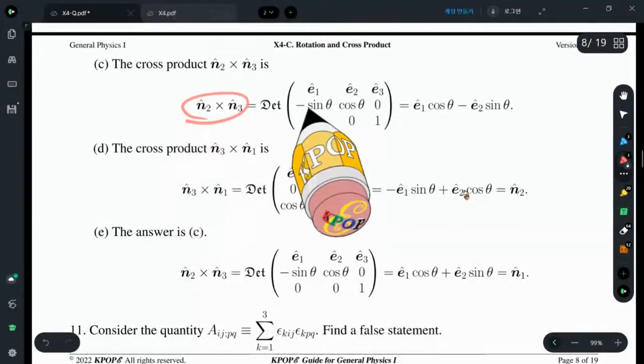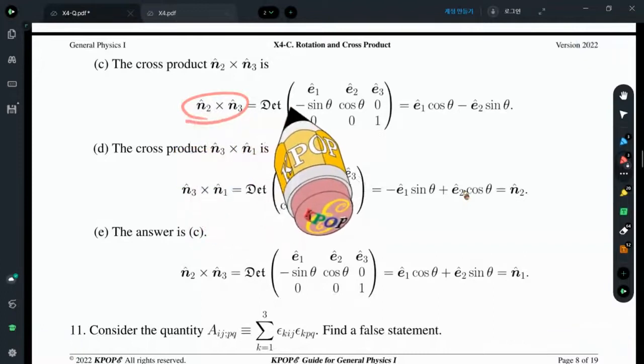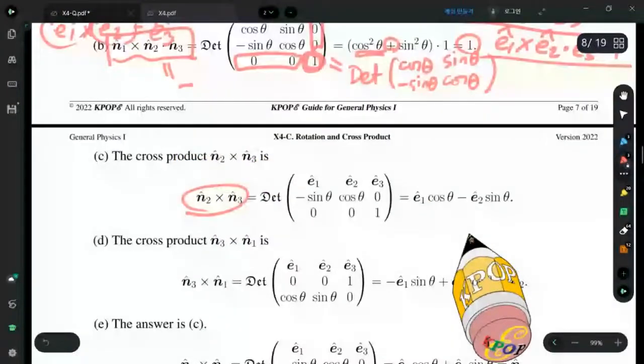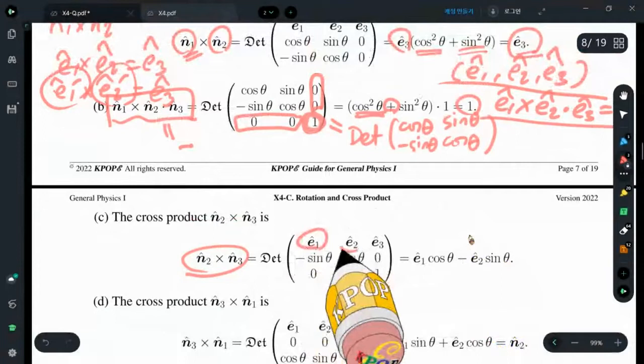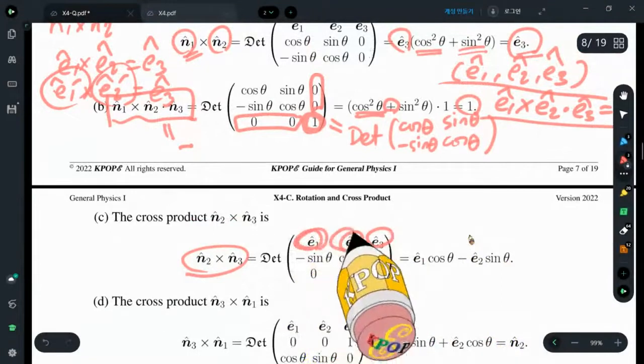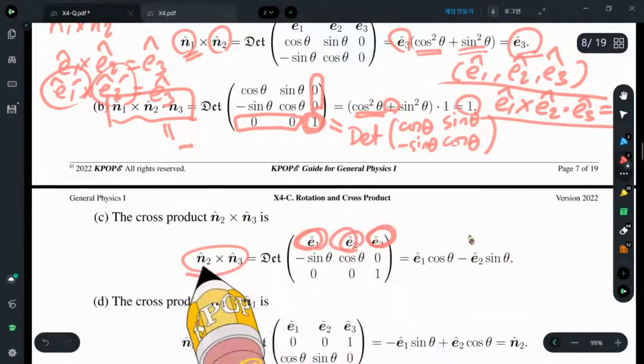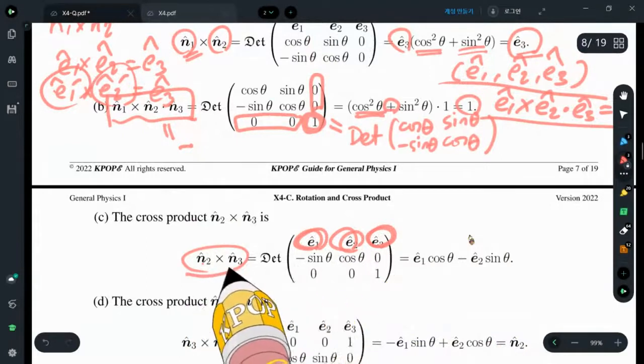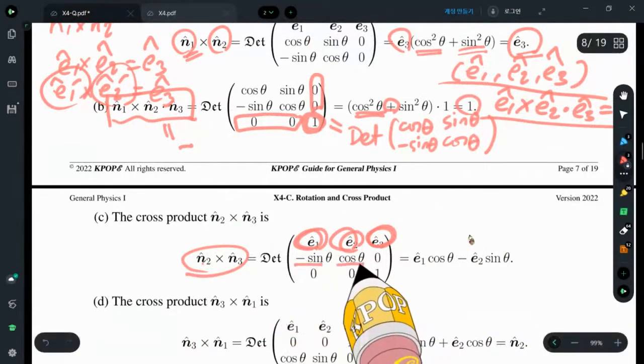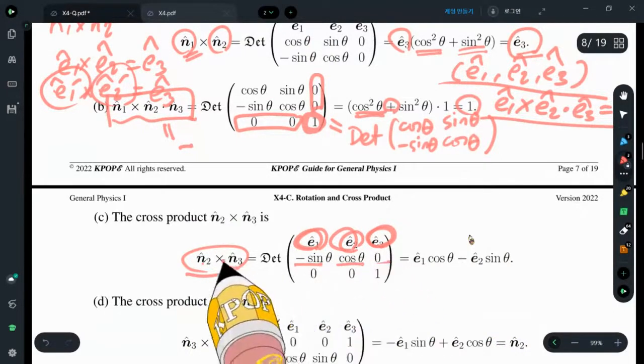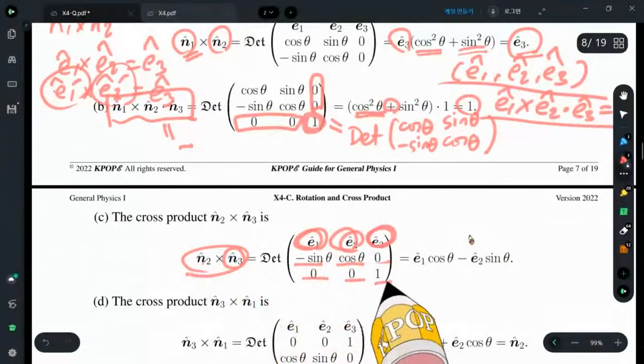Two cross the 3. One, two, three list 3 unit vectors and components. E2's component n2 has a minus sine, cosine, and 0. And n3 is 0, 0, 1.